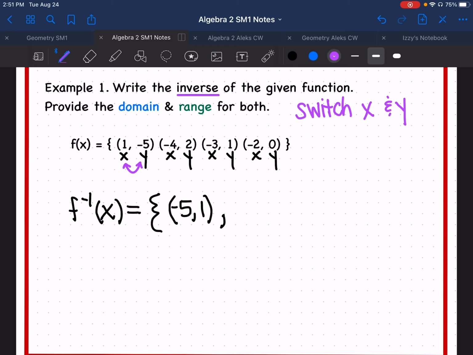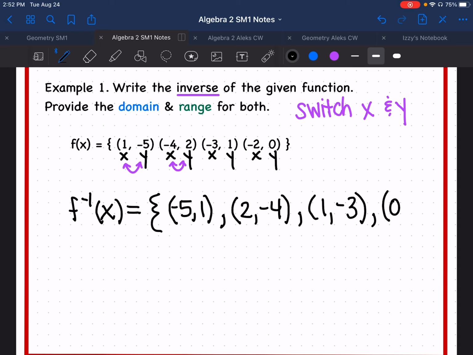Let's switch the next ordered pair. I'm simply going to switch them, so I'm going to get 2, -4. You guys got the pattern. Go ahead and complete it. All you have to do is switch the order. 0, -2. There we go, and finish with the squiggle.